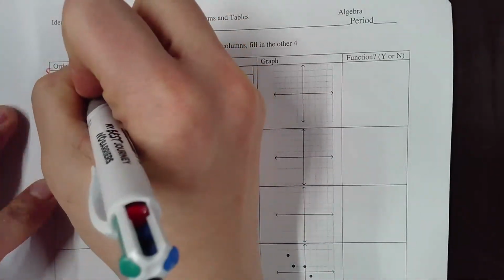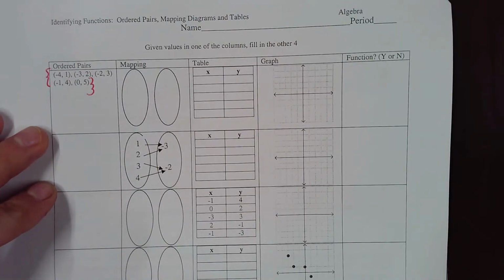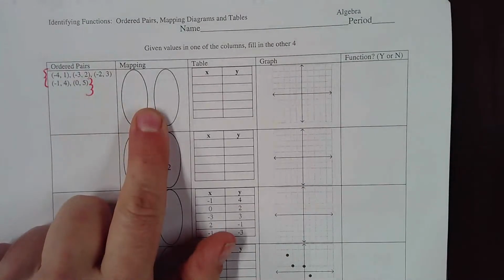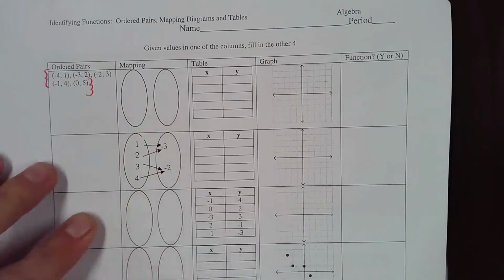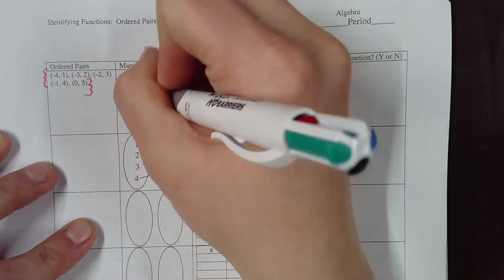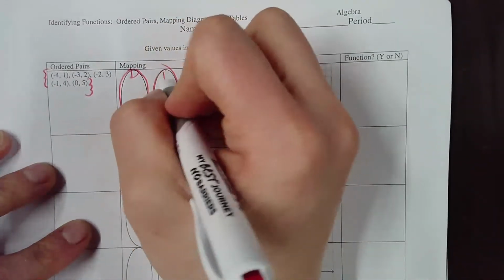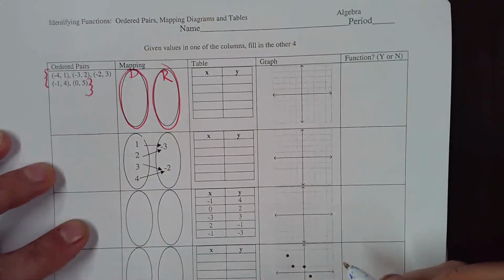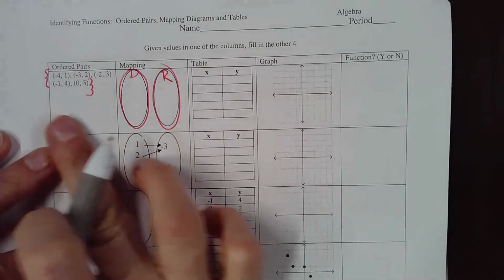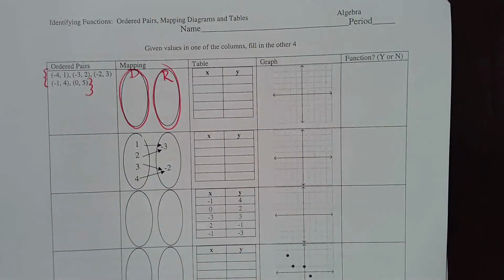If you thought to yourself, it's missing the squiggly brackets, you're absolutely right. What is your mapping missing to get you full points? If you said it has the bubbles, but it's missing the domain and range letters, you're right. Thank you for fixing it. Fill this out. Is it a function or not?